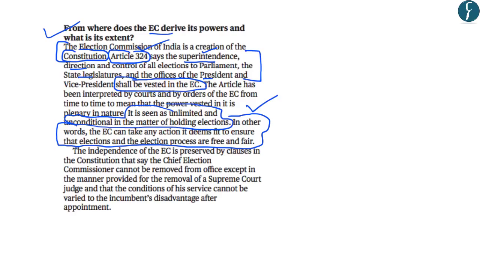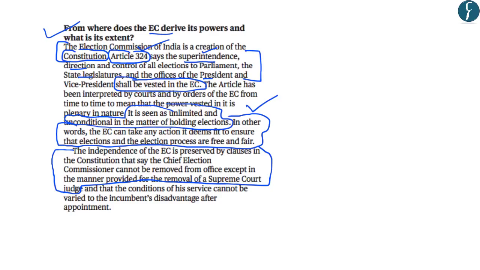And regarding the independence of Election Commission, the Constitution says that the Chief Election Commissioner cannot be removed from the office except in the manner provided for the removal of a Supreme Court judge, which means that the Election Commissioners can only be removed in the manner of removal of a Supreme Court judge and cannot be removed in any other manner.